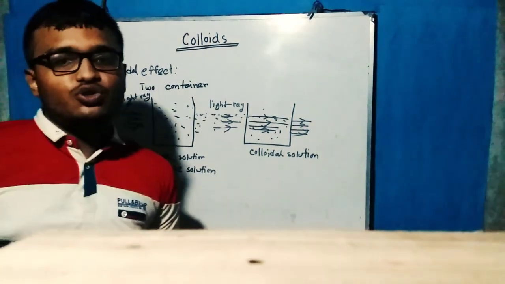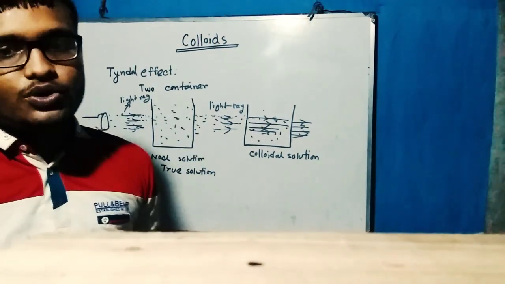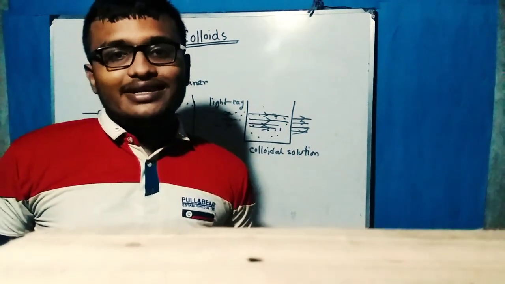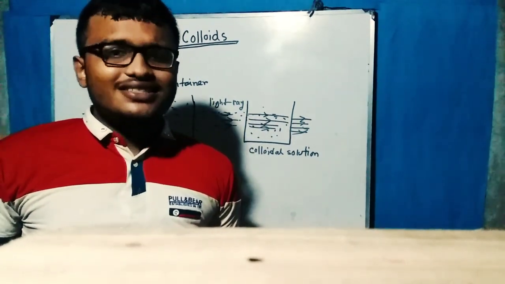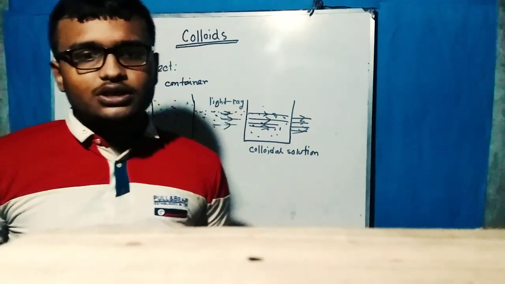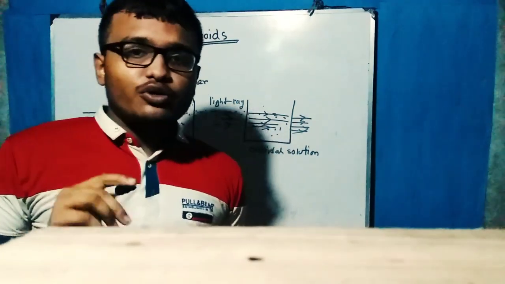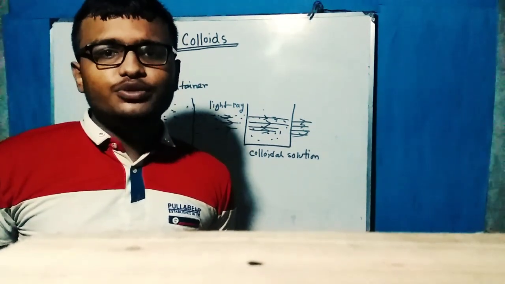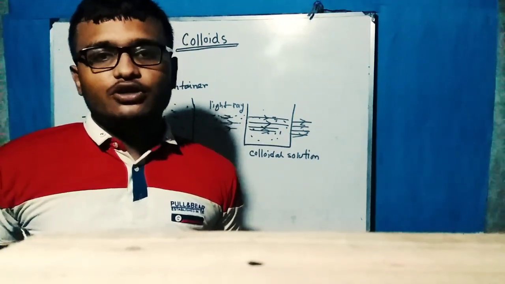So what is the reason why the colloidal solution shows the Tyndall effect? The reason is that the colloidal particle is much larger than the particle in a true solution. We know that the true solution particle size is 0.1 nanometer to 1 nanometer, but the colloidal solution is 1 nanometer to 10^3 nanometer.